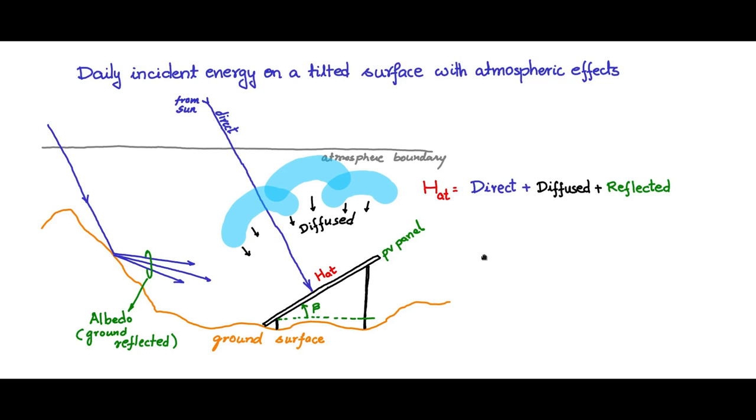Now this is a practical and real situation. How do we go about estimating this? There are so many uncertainties in this. Unlike in the previous cases where we found H naught and H naught T, the energy incident on a horizontal flat plate collector and the energy incident on a tilted flat plate collector without the effect of the atmosphere, which was a much more idealistic and deterministic relation that we arrived at, here it is not so deterministic because we don't know the climatic condition at the locality.